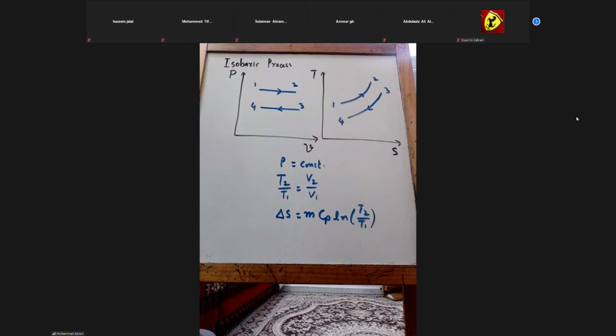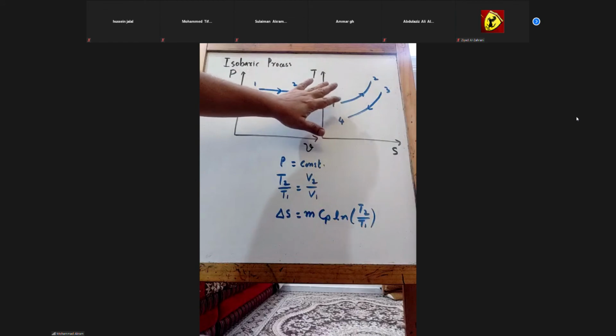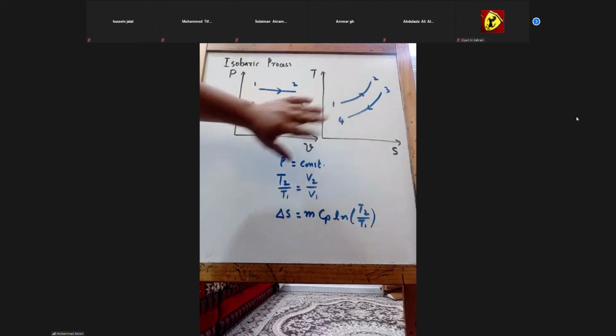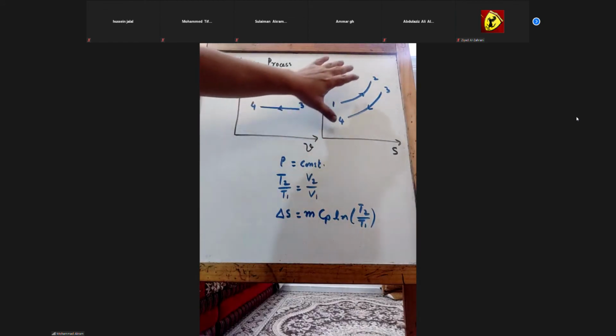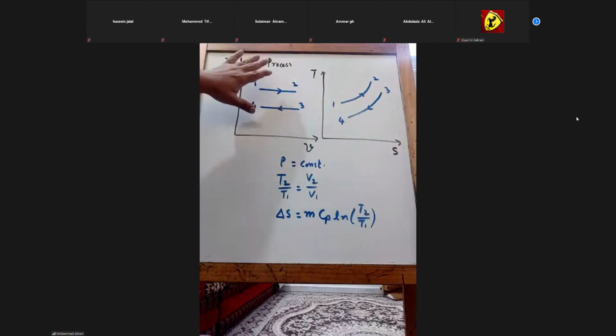Doctor, can you write the relationship between PV and TS, the relationship that you said in a minute: a straight line on a PV diagram is a curve on the TS diagram, right? Yes. And a straight line on the TS diagram is a curve on the PV diagram.